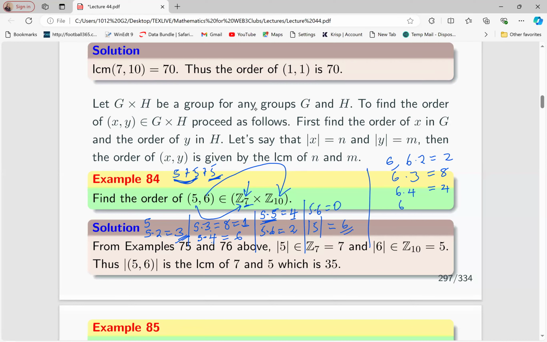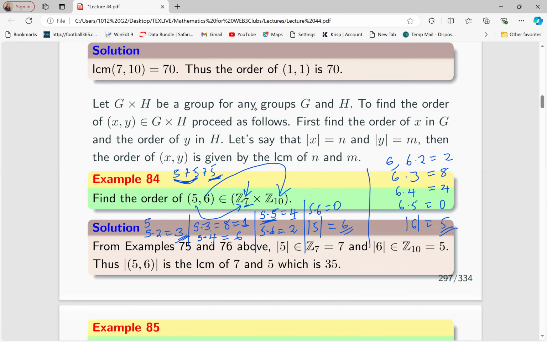And then 6 5 times will be 0. So the order of 6, therefore, is 5.